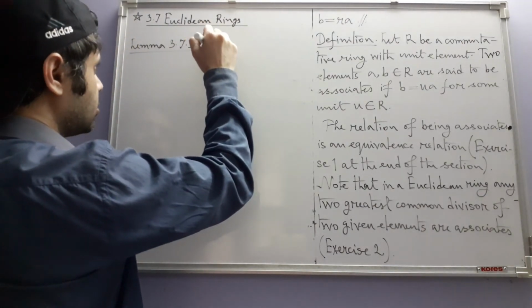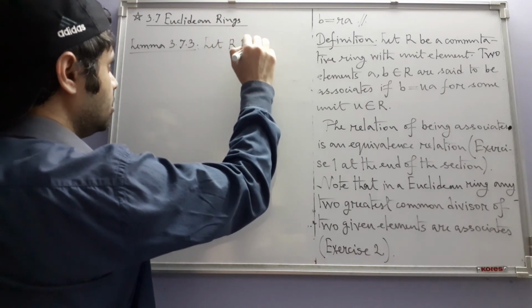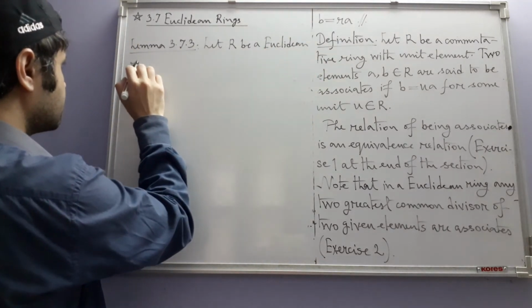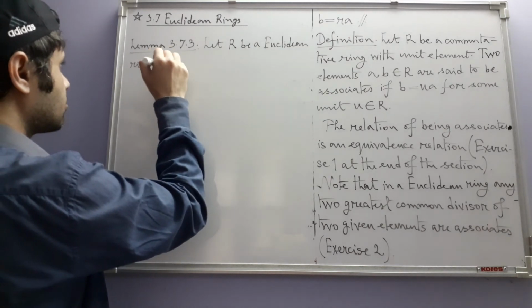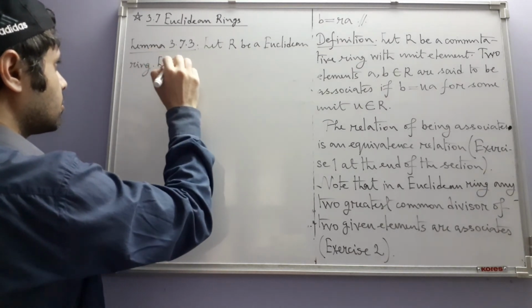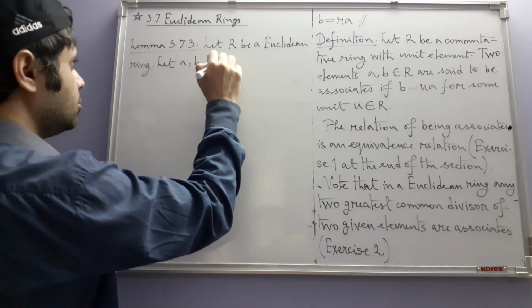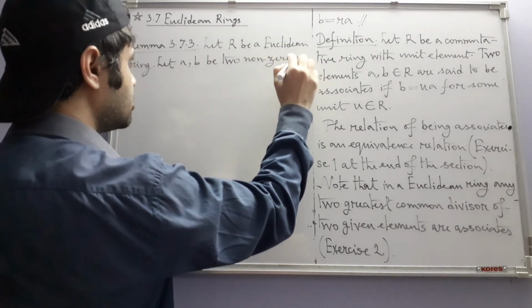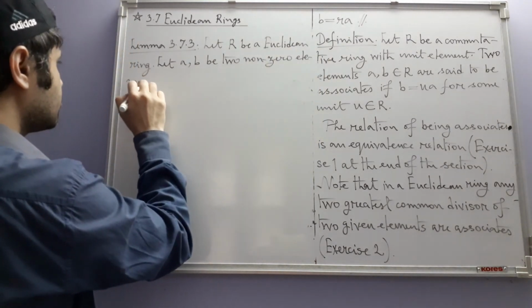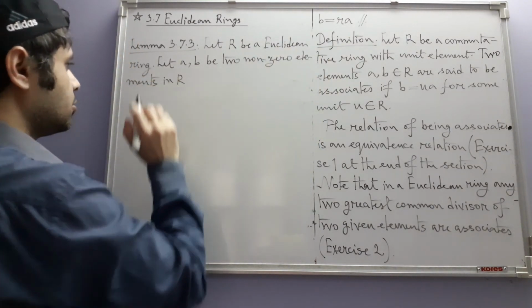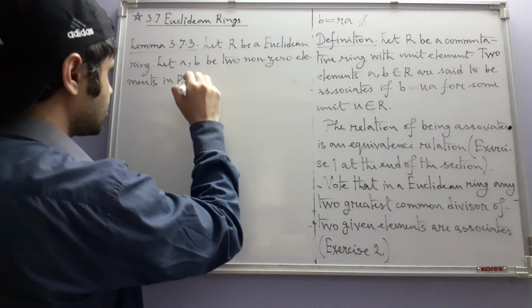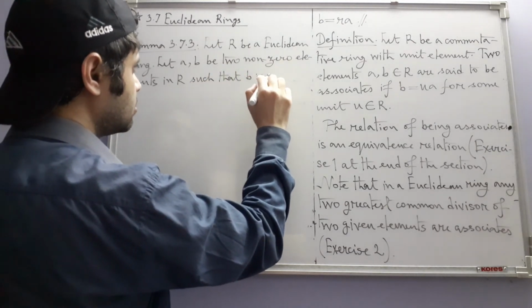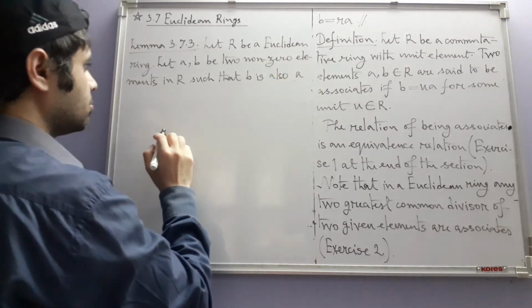So exactly the lemma asks this. Okay, so let R be a Euclidean ring, let A and B be two non-zero elements in R. Both of them are non-zero, such that B is also a non-unit.